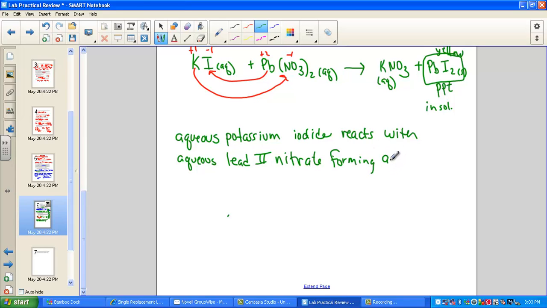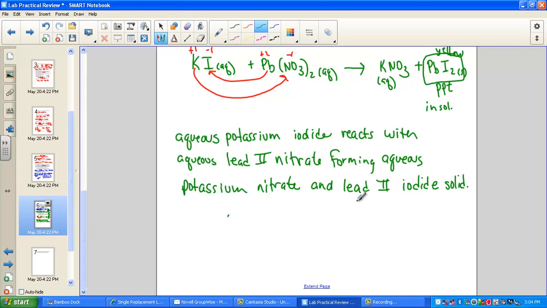And then we have aqueous potassium nitrate. Then I have a plus, so I'm going to write the word and then PbI2, don't forget the Roman numeral, lead, Roman numeral 2, iodide, solid. That is the driving force.